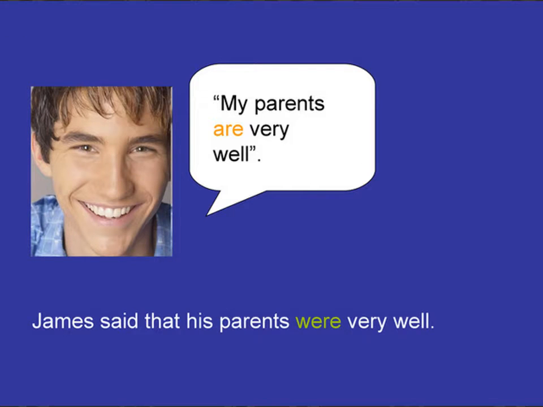Look at James here. What is he saying? My parents are very well. When we change the sentence into indirect speech or reported speech, we will see that James said that, no quotation marks, no comma, and here we have that.